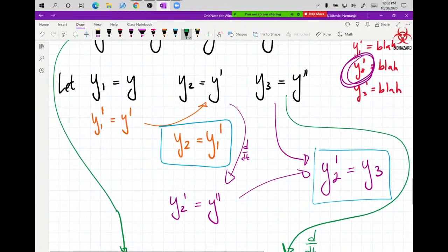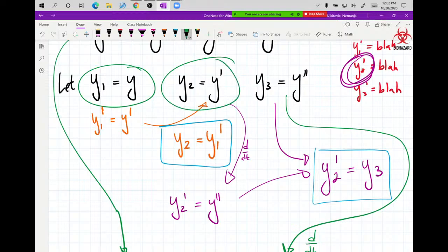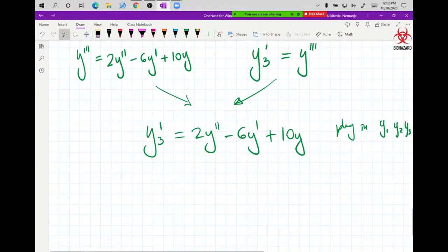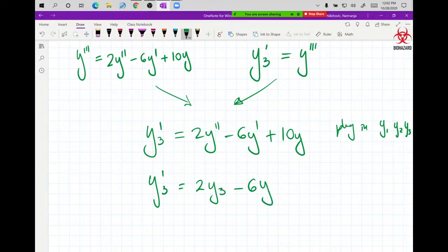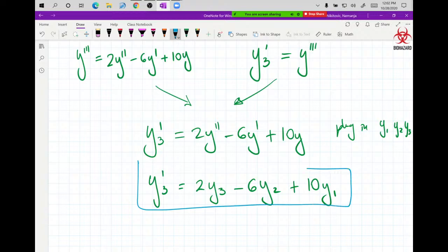You see that y is y1, y prime is y2, so you just replace them in. So y3 prime is going to be 2y3 minus 6y2 plus 10y1. And that would be your third equation.